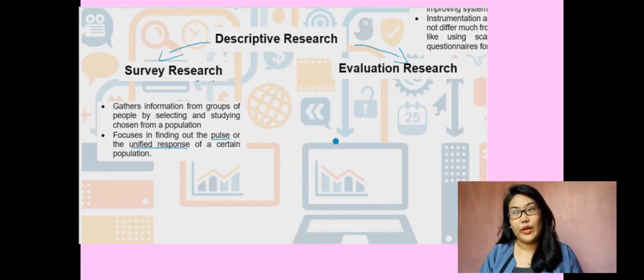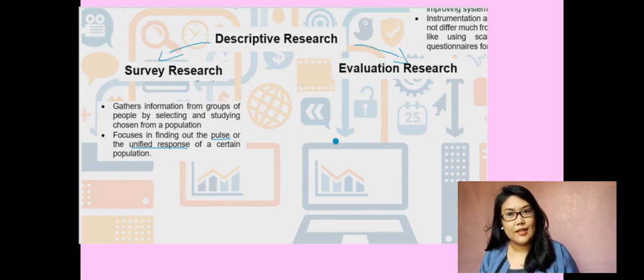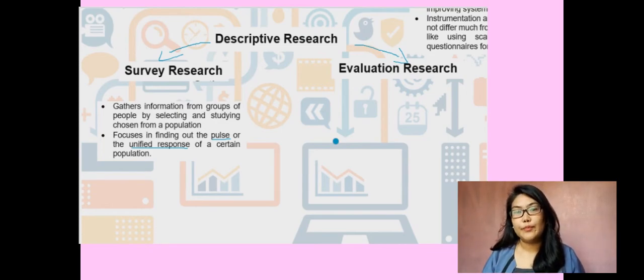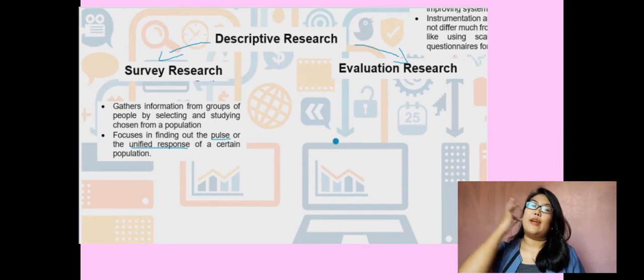Doesn't always make it right. Let me reiterate it. Hindi porke gusto o sumasang-ayon ang nakararami, hindi palaging tama. There is always right and wrong. There is always a moral, a divine law about order, about things. Okay? So, ayun.